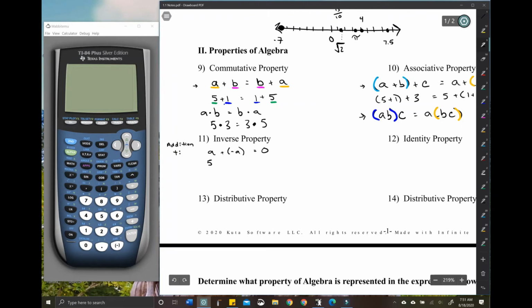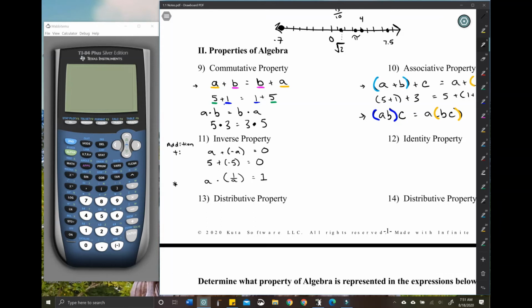So we know that 5 plus negative 5 is equal to 0. The inverse for multiplication, we refer to the reciprocal. So in this case, A times 1 over A is equal to 1.